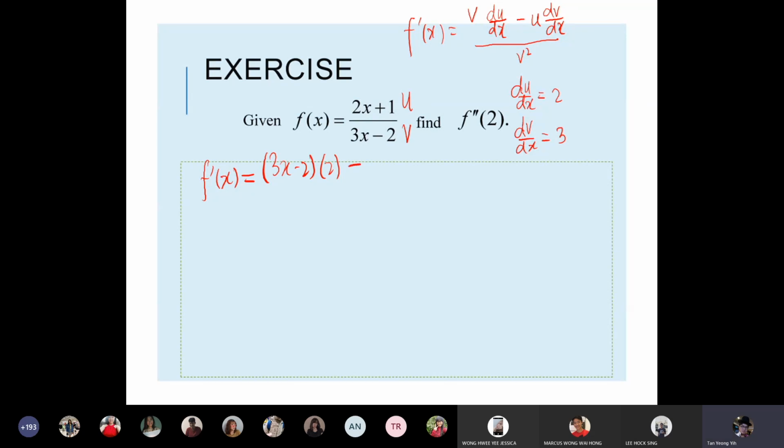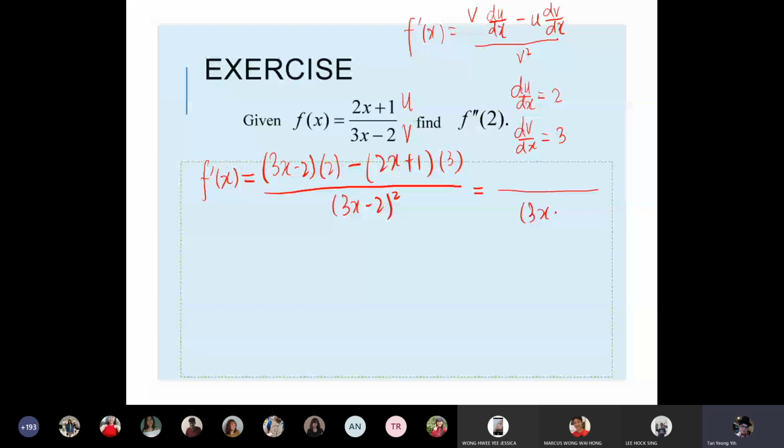And minus, take u, so u is 2x plus 1, and take dv dx, still dv dx is 3, divided by v squared. The v is 3x minus 2, and then we have a square here. Any questions here?